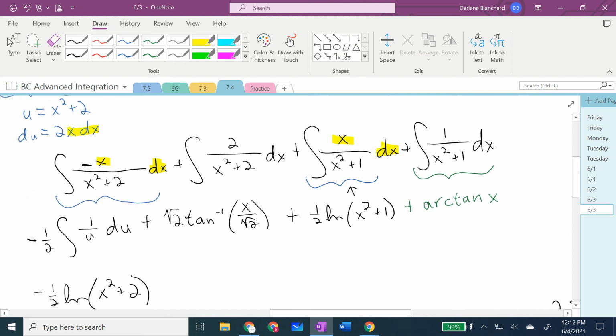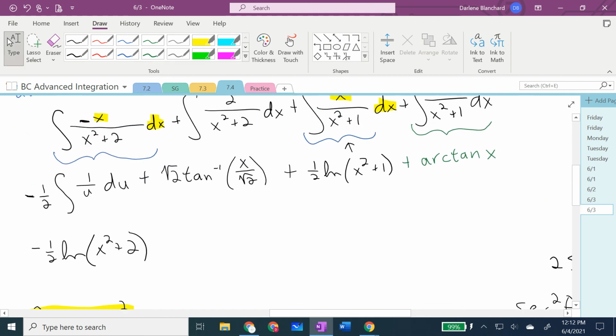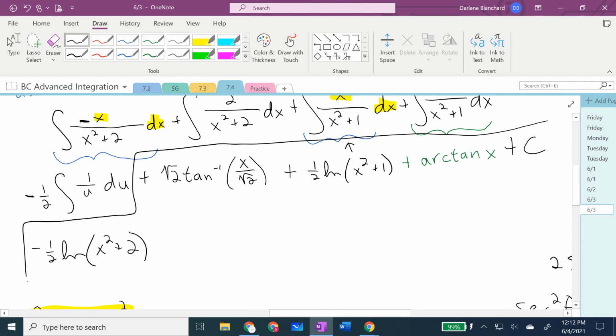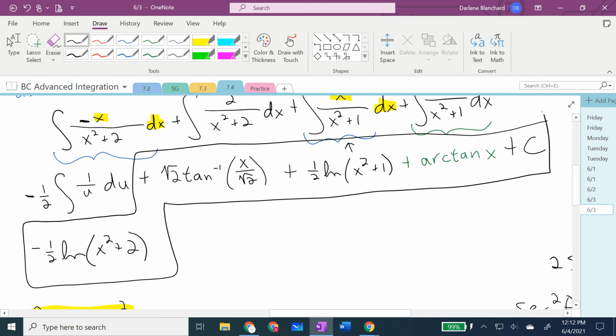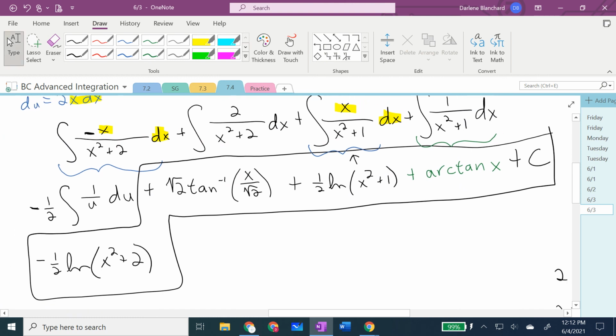And then don't forget plus C. Yay! I'm going to stop the recording of this problem.